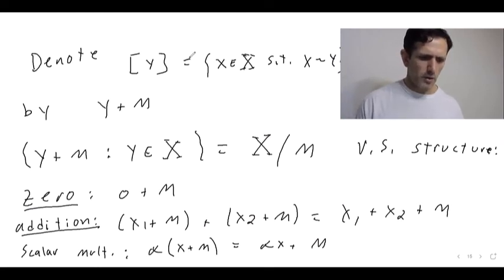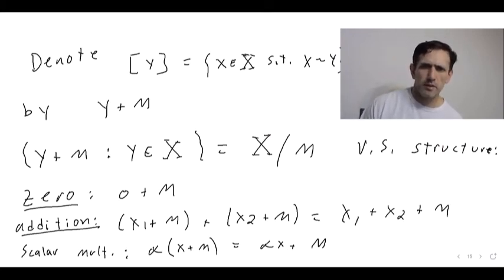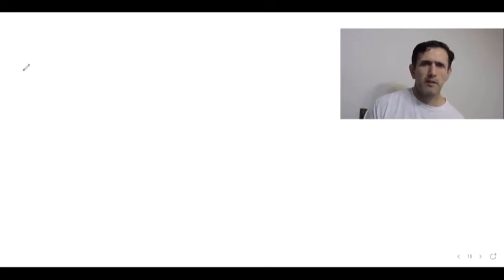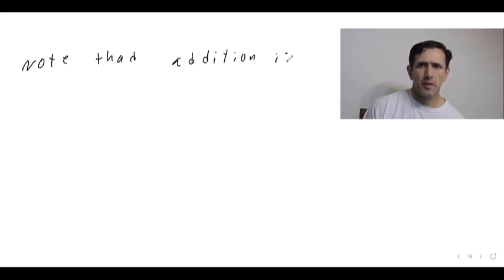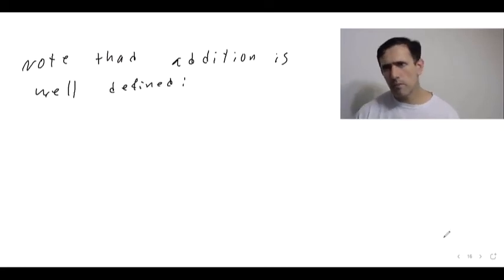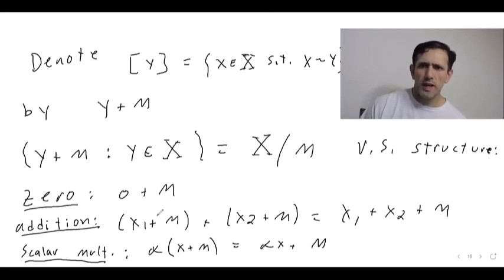All right, so just notice that addition is well defined. And we'll explain in a moment why we need a closed subspace. So how do we prove this? Remember the issue is that we're really adding classes together.